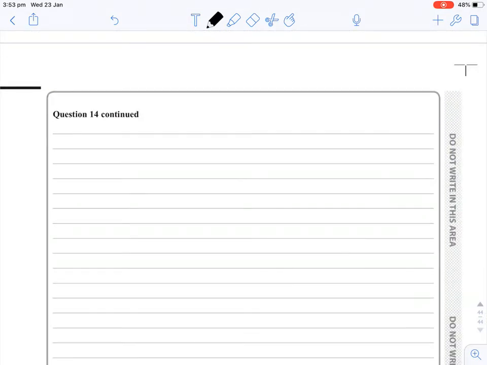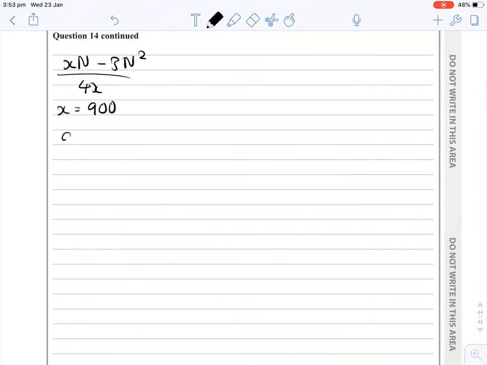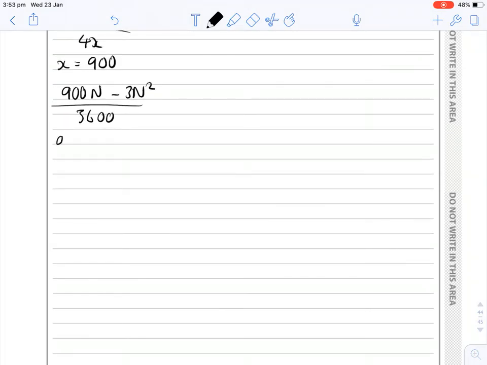So this now gives us (xn - 3n²) / 4x. Subbing back in that x is 900, we now have (900n - 3n²) / 3600. And so, simplifying, we've got dn/dt = n(300 - n)/1200.